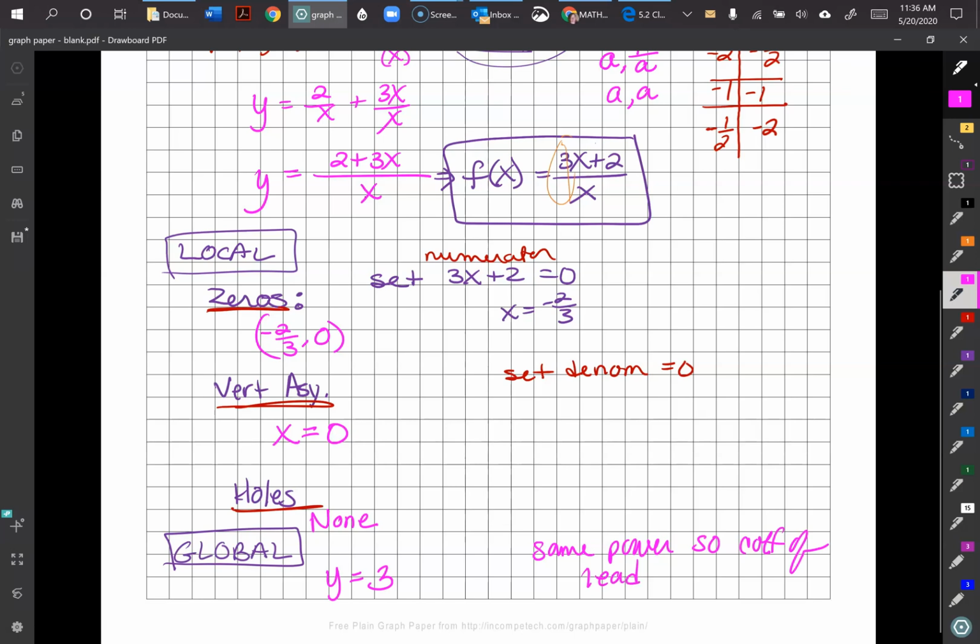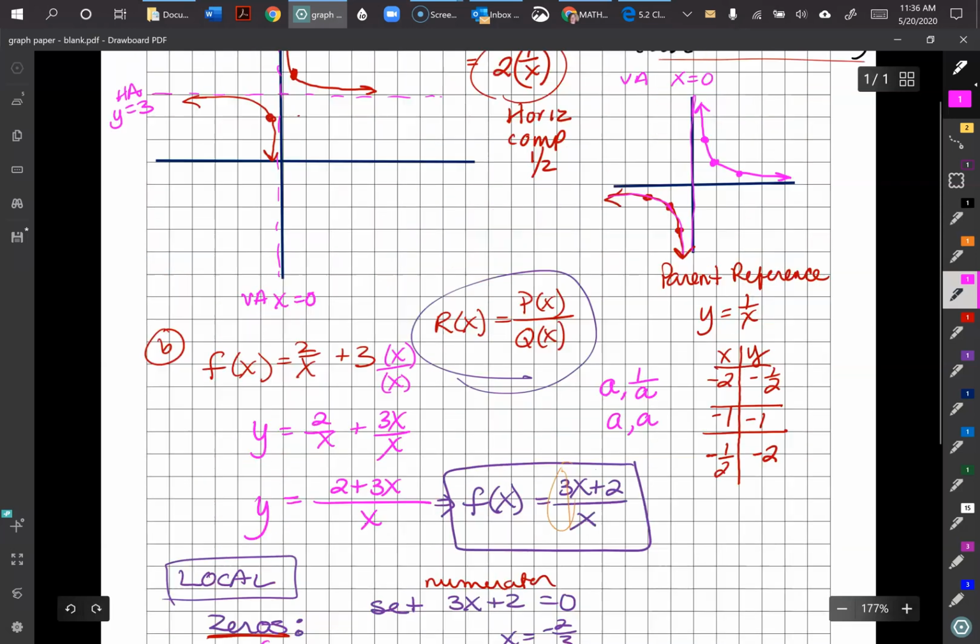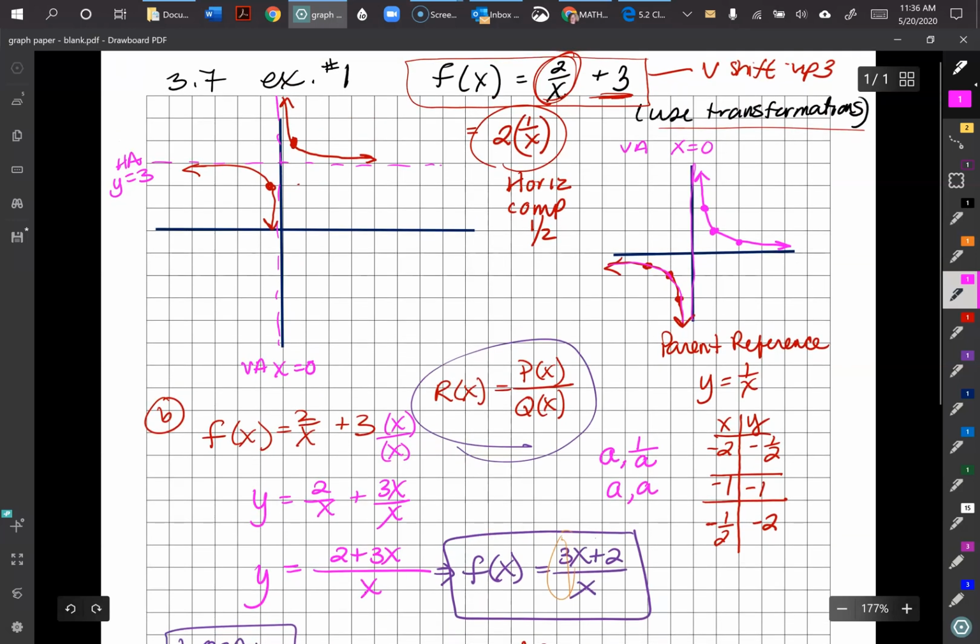Okay, so that's how we picked apart all the pieces, and then from that we could actually just sketch a graph on that too. We've already got that done, but let's just reference back up there. So I could have sketched in my asymptotes is what I would have done, right? I have that one, I have this vertical one, and then I know kind of how they sit. I know it's to the first degree in the denominator there, so I would have opposite directions here on my arrows that approach.